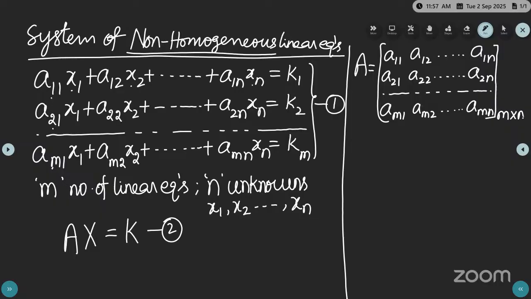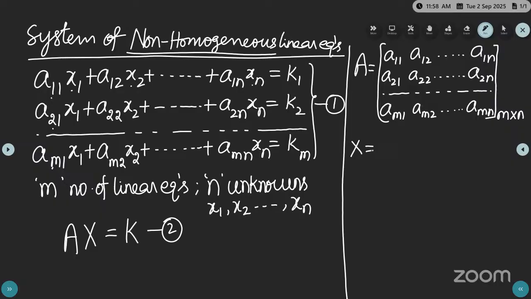Next, what is A? A, of order m by n, is known as the coefficient matrix. Write it down.